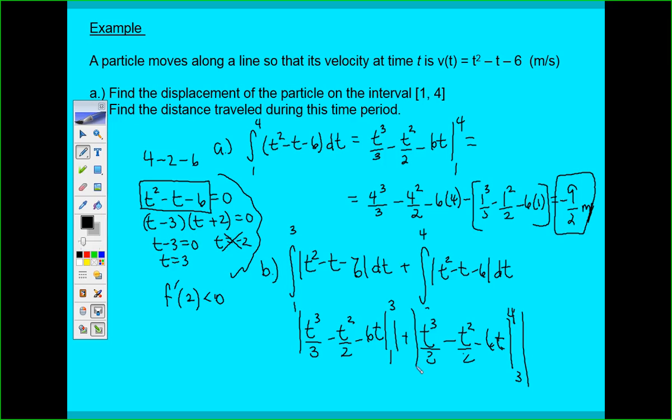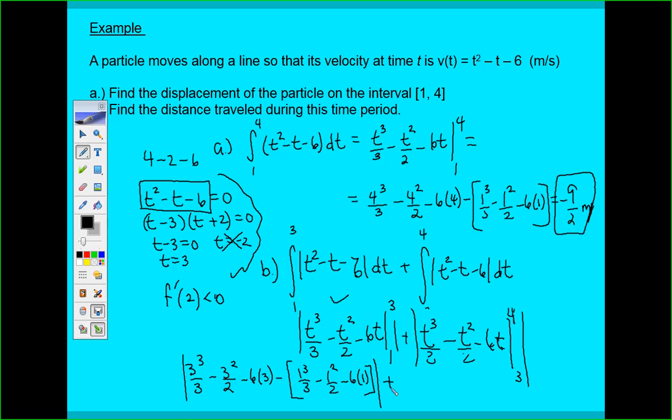So when you plug in your values, you'd have your f of b minus f of a. First of all, you'd plug in your 3 for this one here. So you'd have 3 cubed over 3 minus 3 squared over 2 minus 6 times 3 minus, now we're plugging in 1, so we have the absolute value of this quantity.